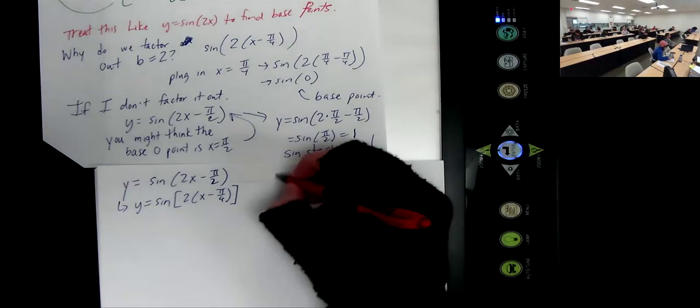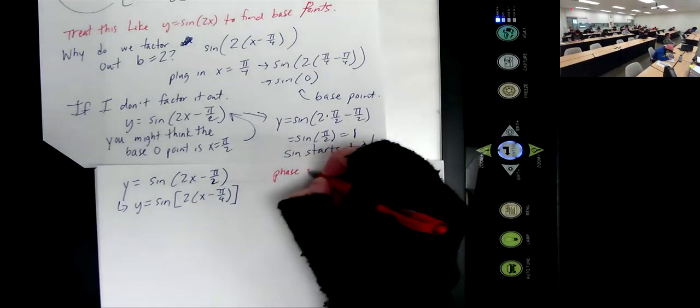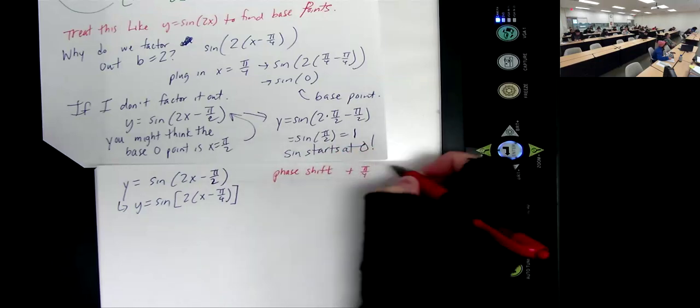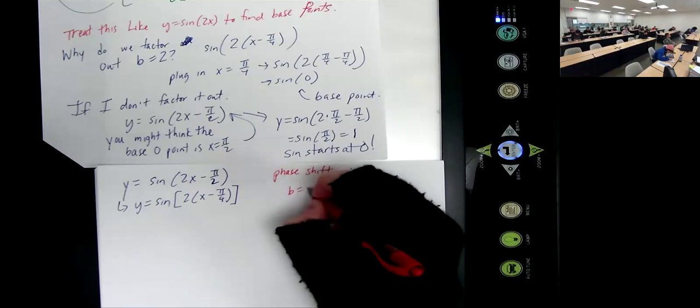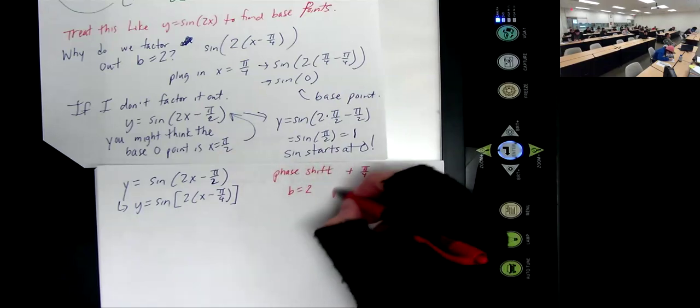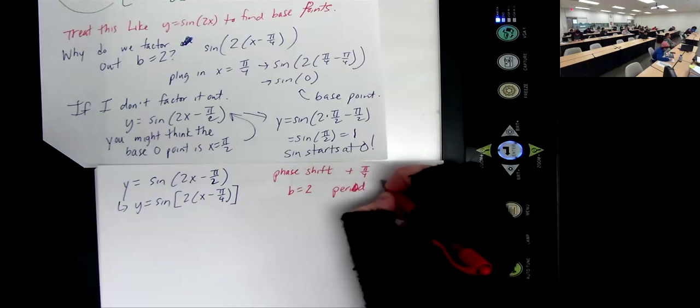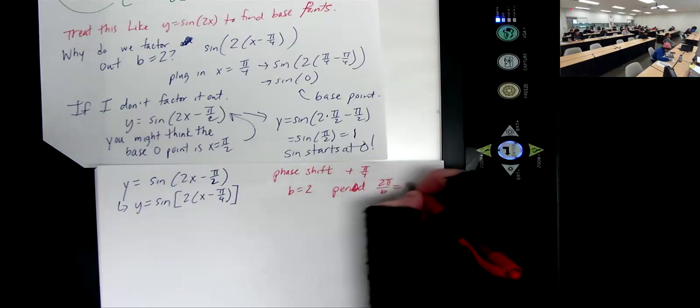So I know my phase shift is positive pi over 4. My B here is 2, so my period is 2 pi over B, which is pi.